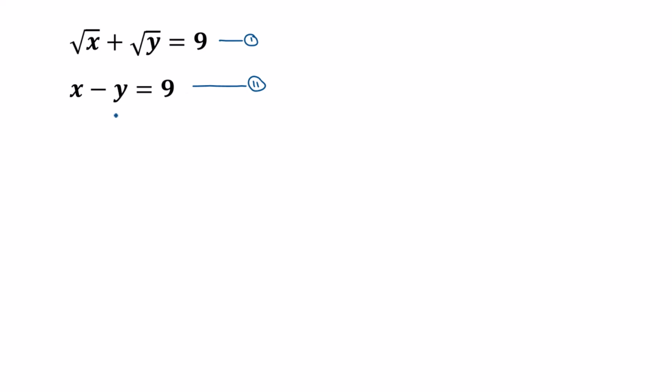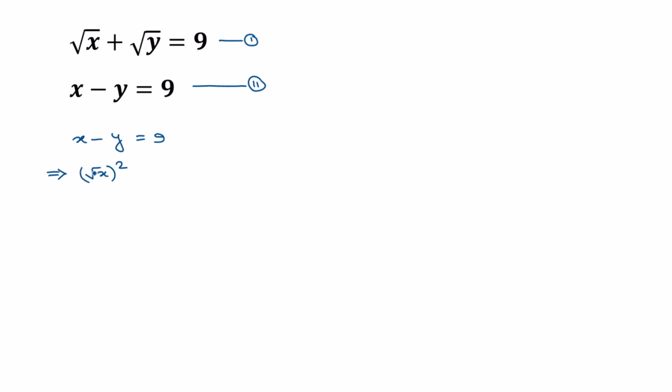Now from equation 2 we can write x minus y is equal to 9, or x can be written as square root of x whole square.